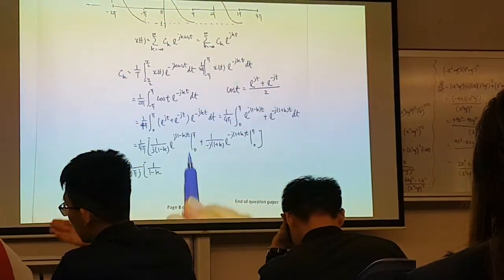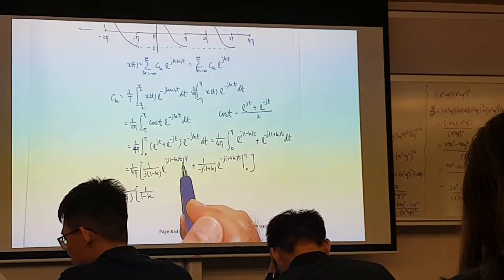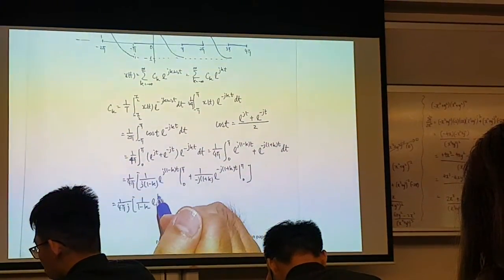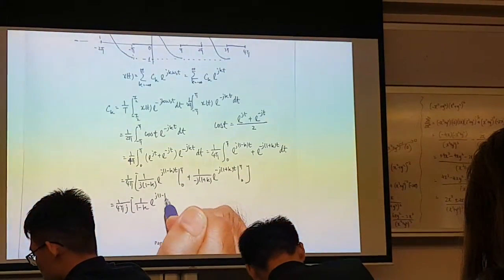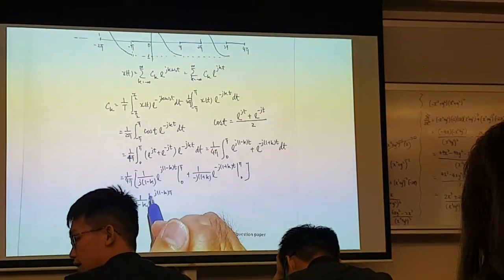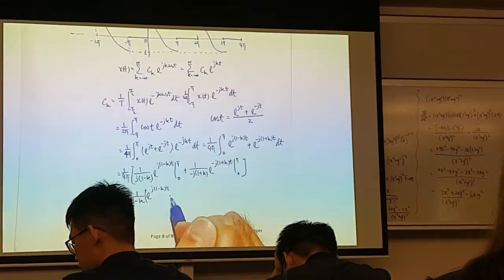Now when you substitute t is equal to pi, you have e to the power of j times (1 minus k) pi, and then the second portion, when t is equal to 0, you have minus 1.